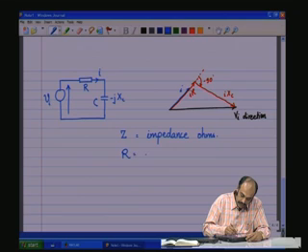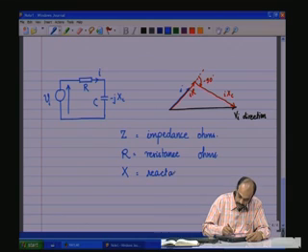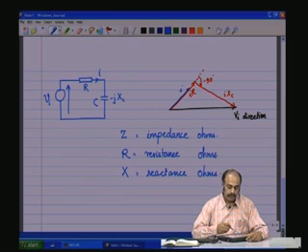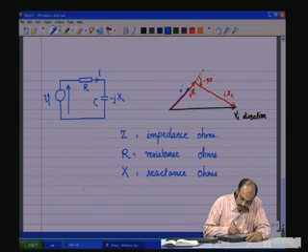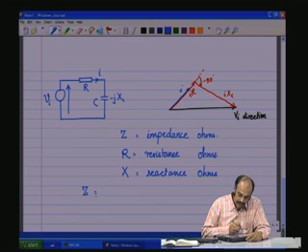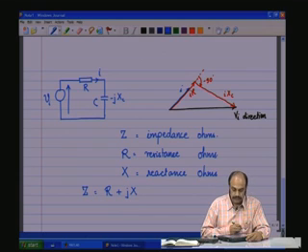R is the resistance, this also is in ohms, and X is the reactance, also in ohms. The impedance is actually the vectorial sum of R plus jX.